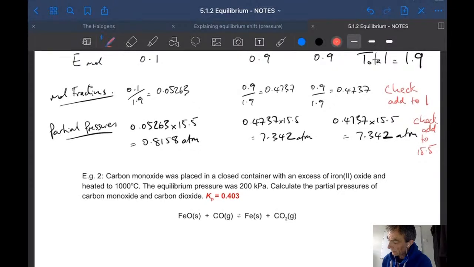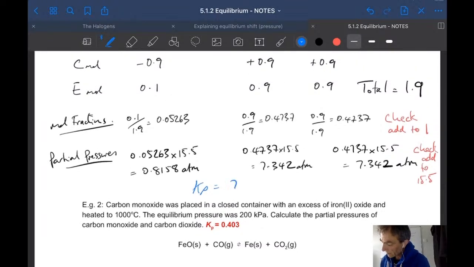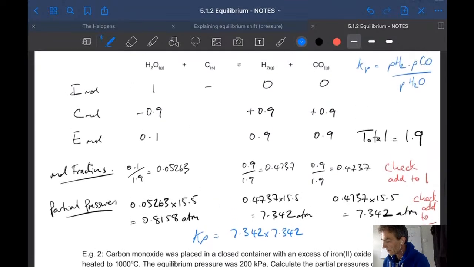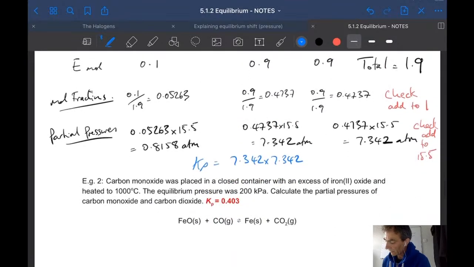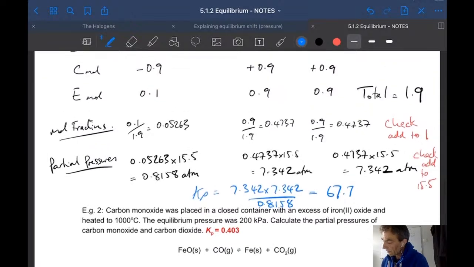And then finally, I'll go to blue so it stands out. Kp is going to be equal to 7.342 times 7.342. You could just say 7.342 squared, but then it might look a bit weird because it doesn't tie in with that. Divided by 0.8158. And we get 67.7 for the number.